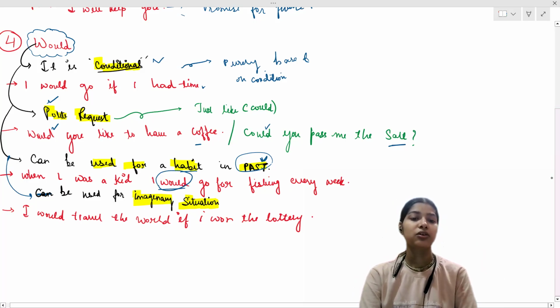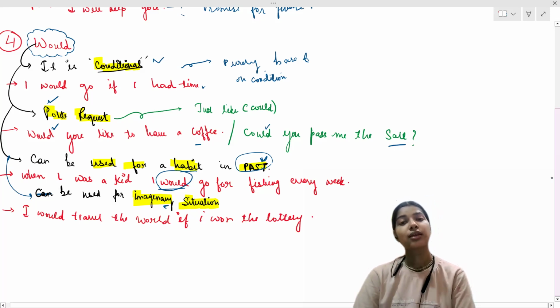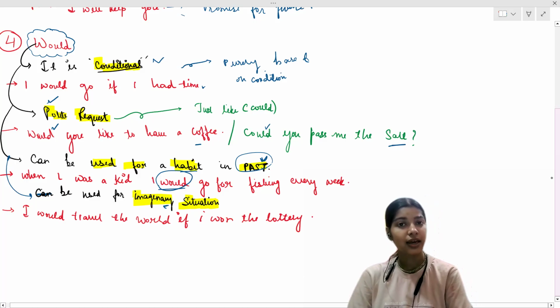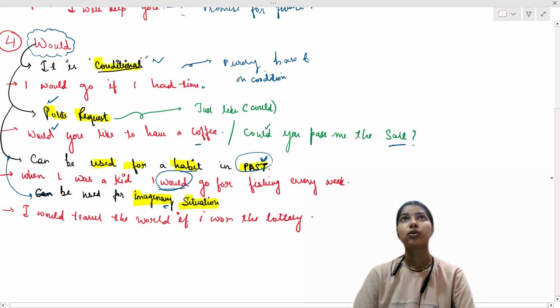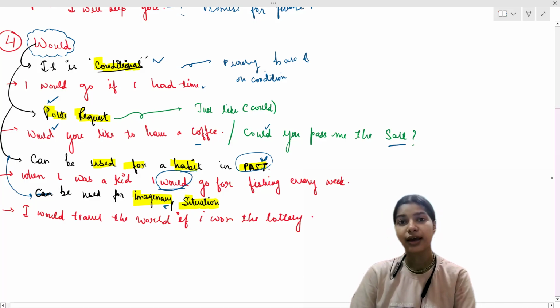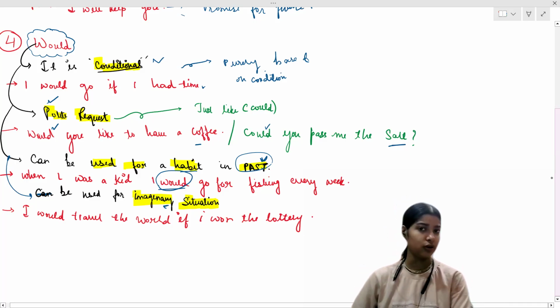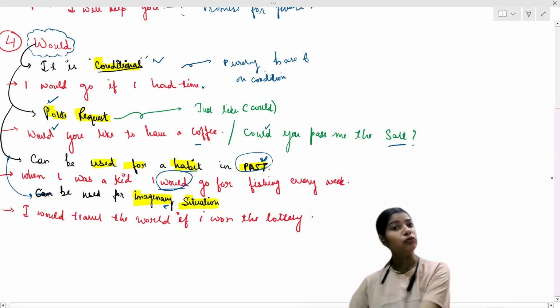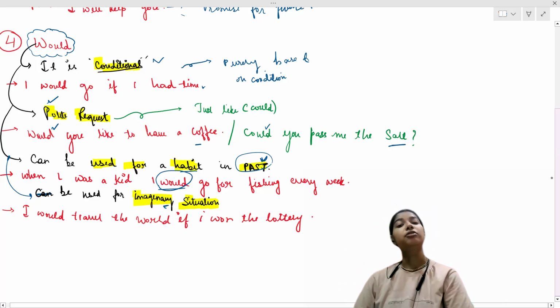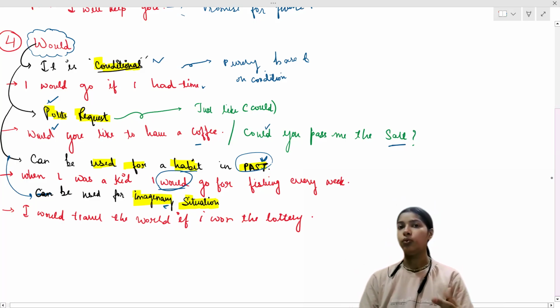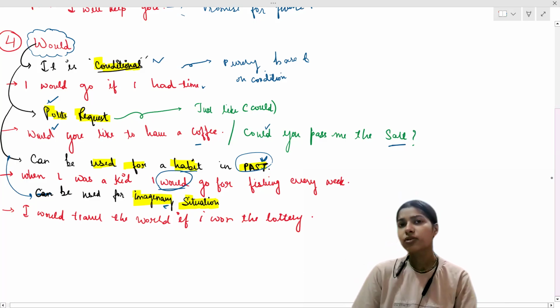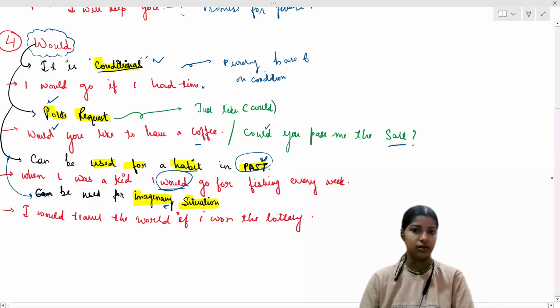Now, it can be used for imaginary situation. The situation that has not happened yet. There is no plan to happen that. But I'm making a situation in my mind that if it is going to happen, I would do that. So I would travel the world if I won the lottery. So winning the lottery is not fixed. I can win the lottery. Again, it is conditional.